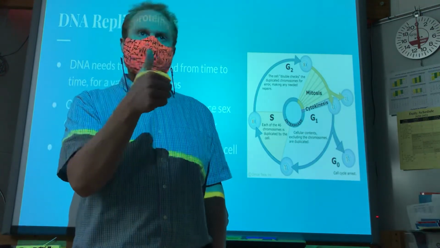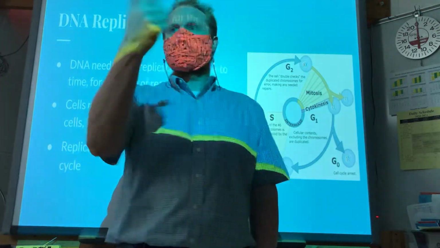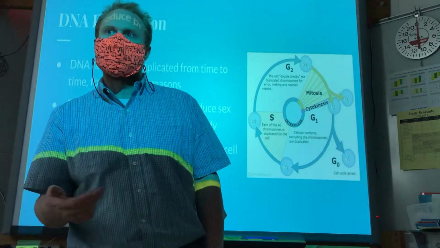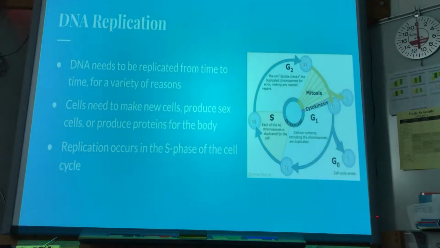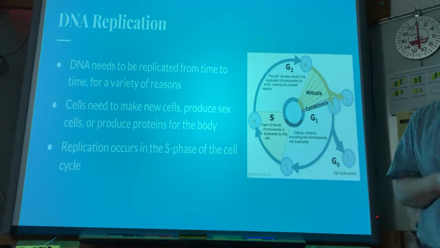Instead, a different cell in your body says, do skin cell stuff, whatever that is. Every single cell in your body has the same code, has the same DNA. It's just that some of those different cells produce different proteins based upon some other mechanisms. But they all have a complete set of DNA.